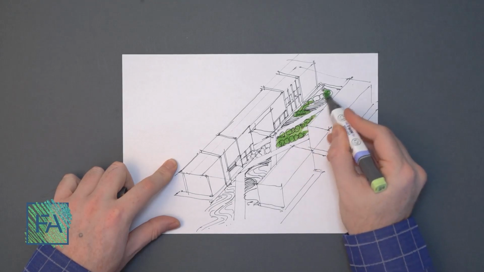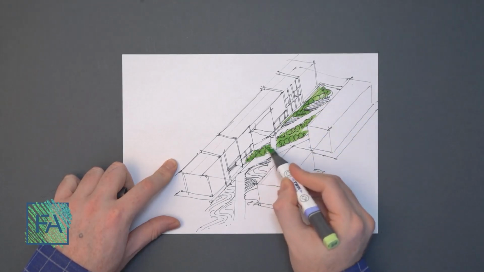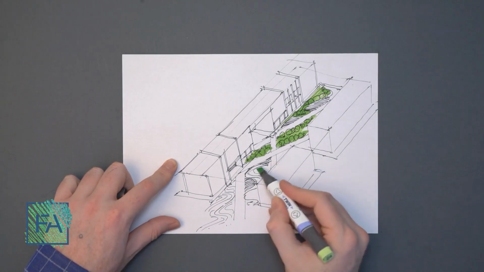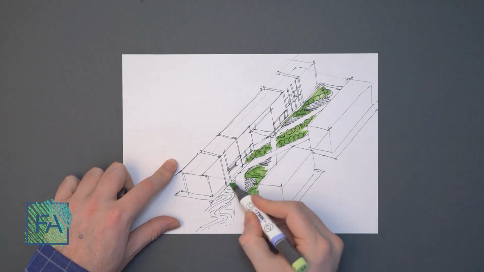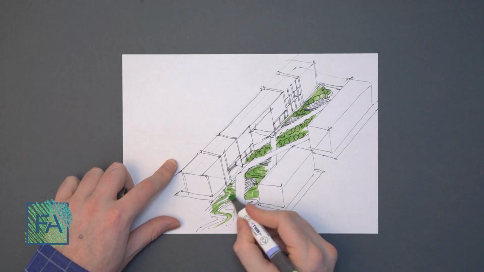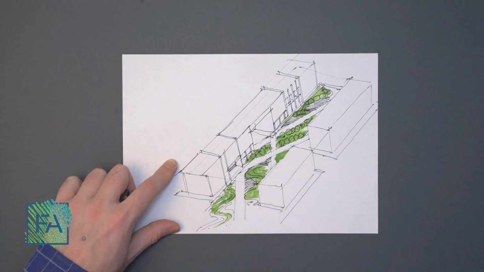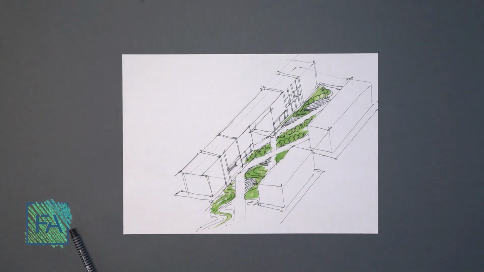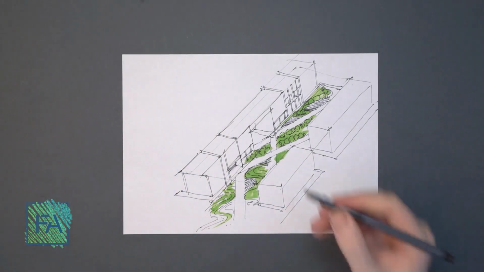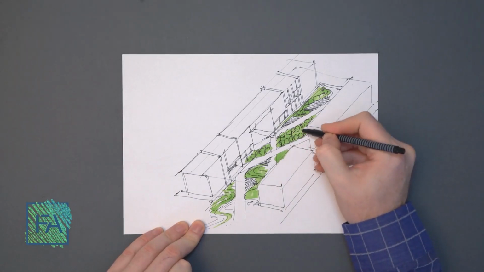I'm just gonna show the greenery and plants. And I'm not gonna spend a lot of time on other details. And as you can see, just like this, we are showing the concept that we have.